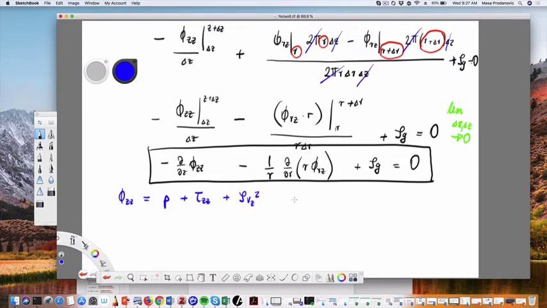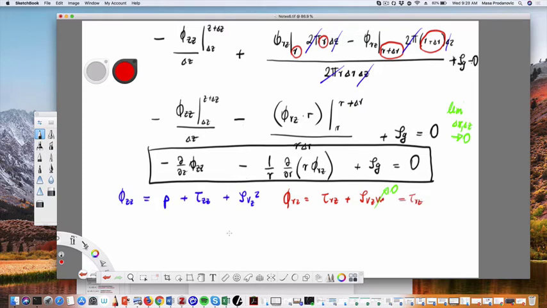Okay. My phi rz is red this morning. Do I have pressure? No. So I have tau rz plus rho vz vr, and that's, yay, 0, because my vr is 0. So what I really have is just tau rz. Cool.